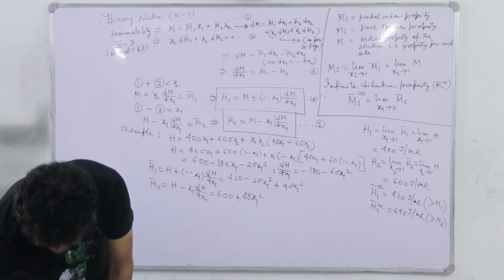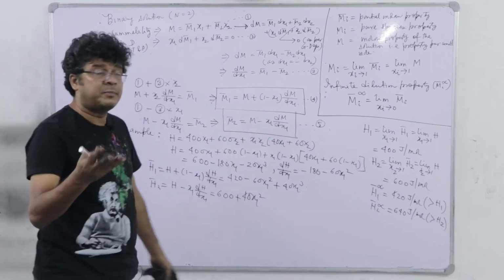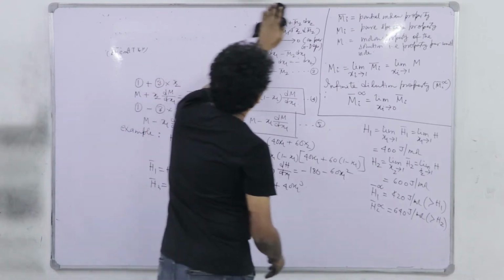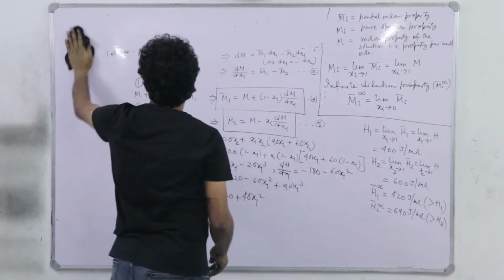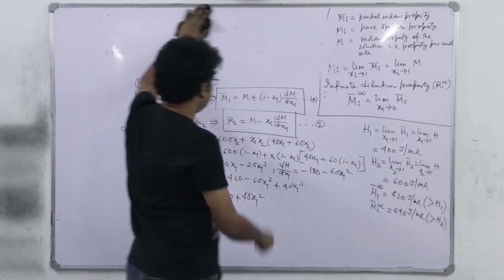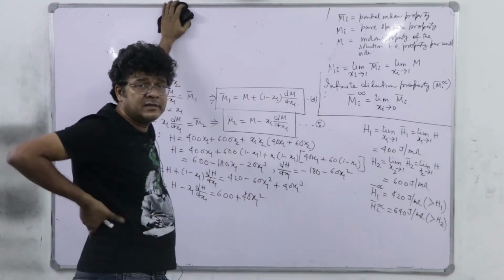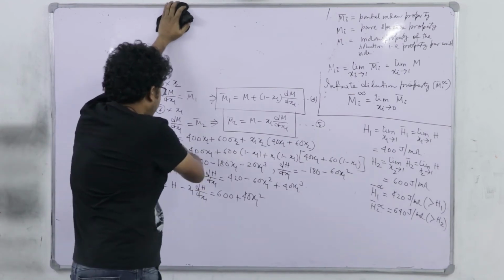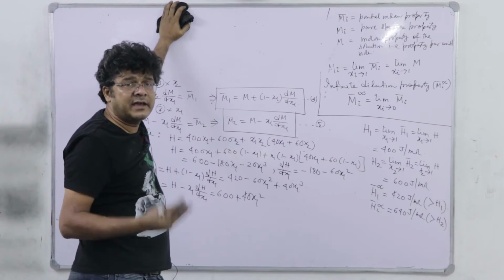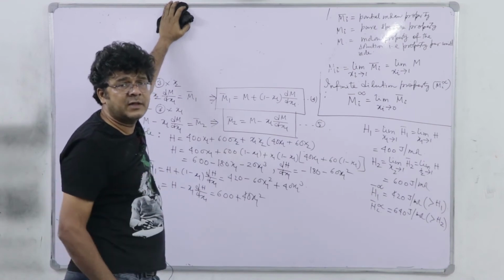That depends on the type of the system and the type of the property we are discussing. So, there is some graphical interpretation also. Say here, in order to solve for this M1 bar and M2 bar, we need this equation M, just like here. H is expressed as a function of x1, x2. What are the steps? That x2 we have converted to x1 as 1 minus x1.